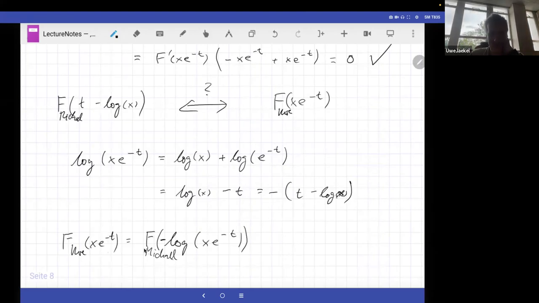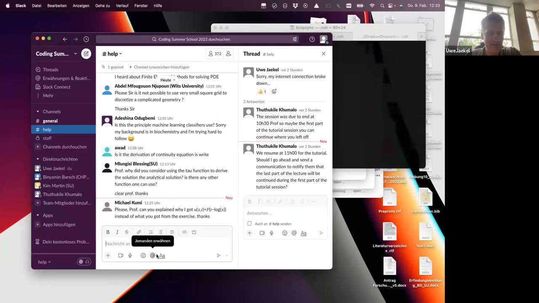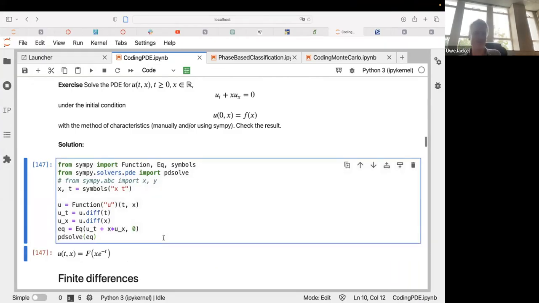So I hope this makes sense. Basically, it's a change of variables. But I agree that it may look very confusing when you encounter this the first time.